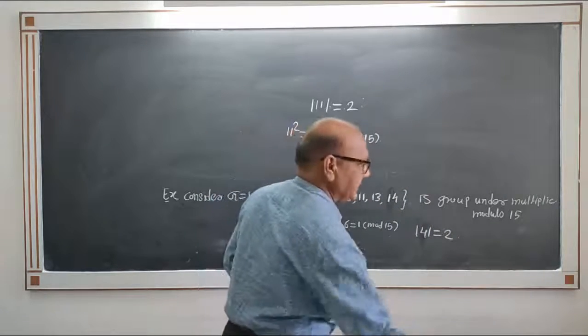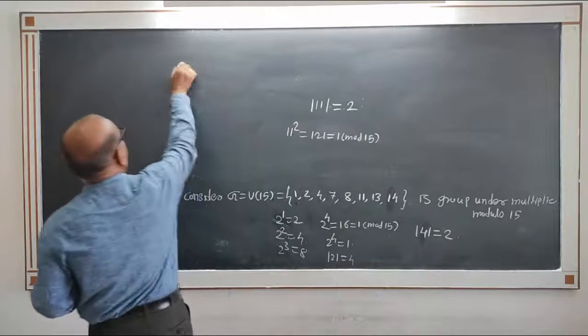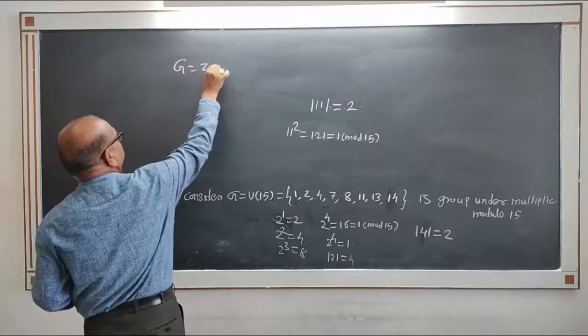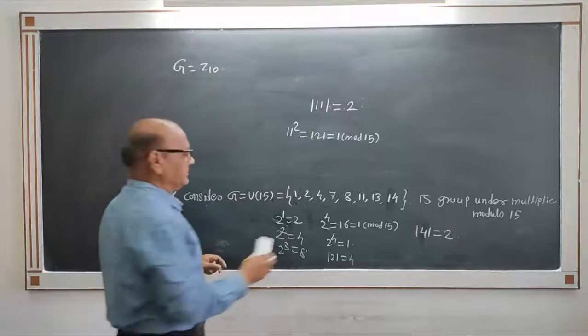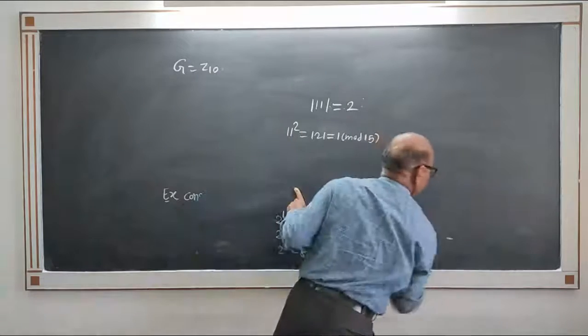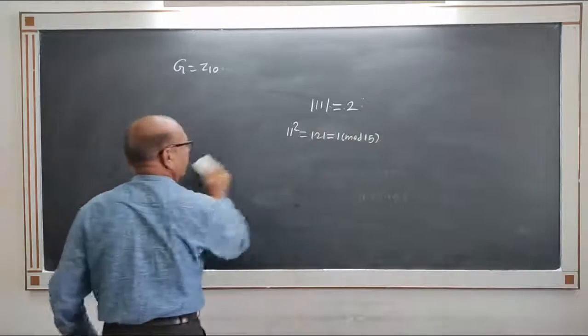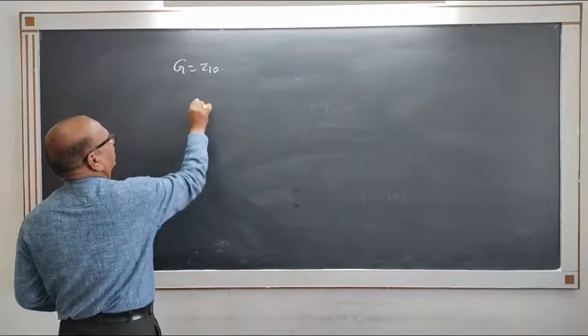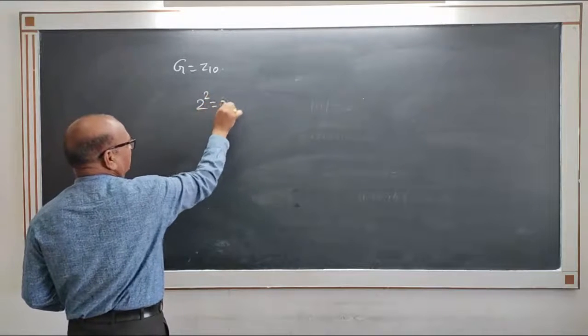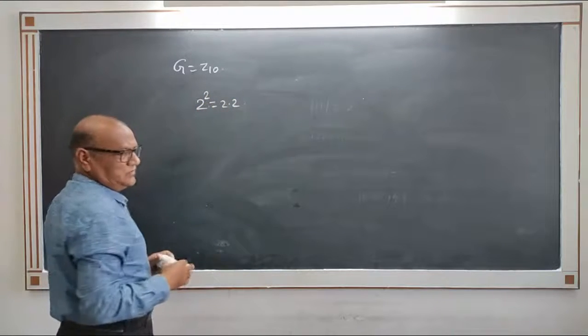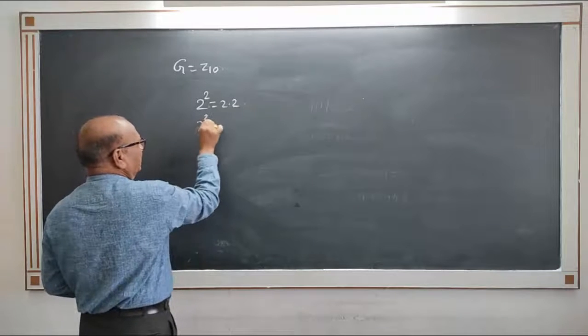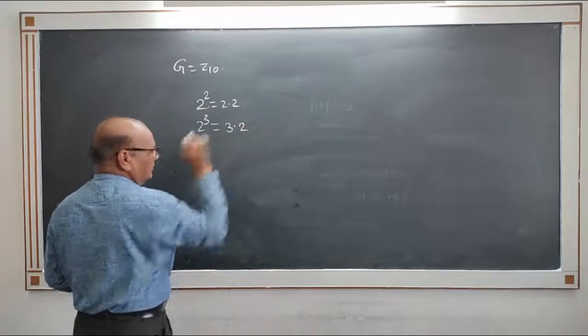Next example, G is equal to Z10. Then here 2 square means 2 into 2, 2 cube means 3 into 2.